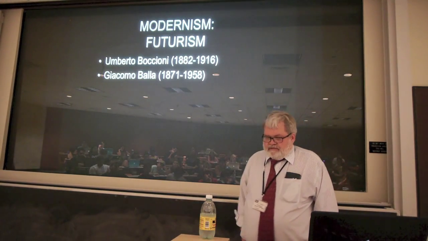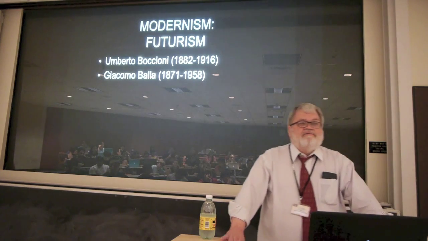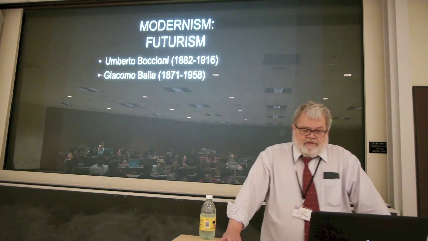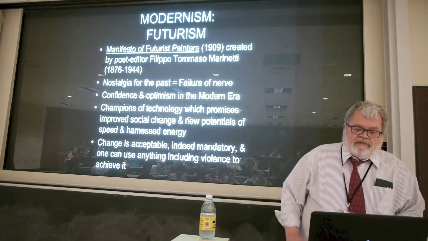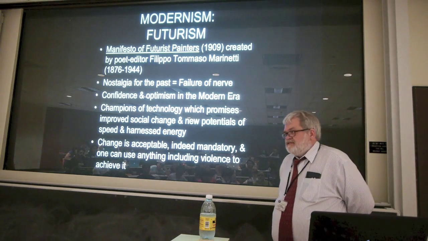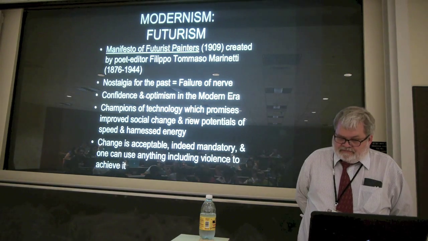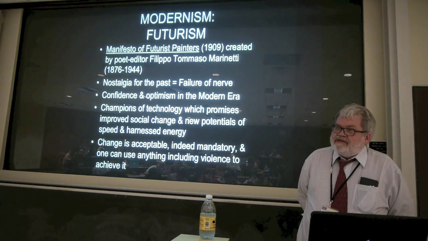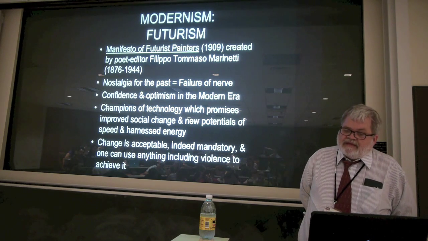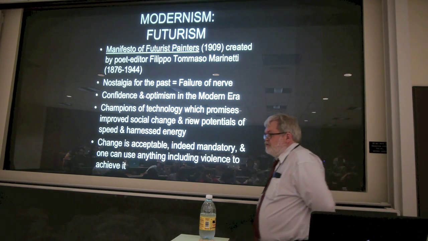Well, finally we get to what Dan's been hinting at, the Futurists. Boccioni, Balla, and others. But it begins with Filippo Tommaso Marinetti. You've read the Manifesto of Futurist Painters? Well, that is noted by that nostalgia for the past equaling failure of nerve.